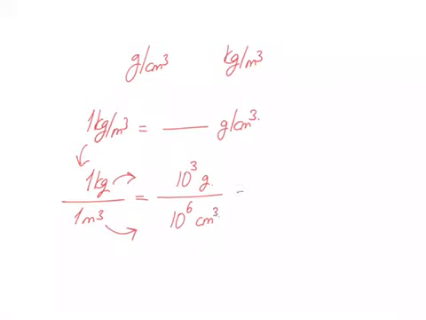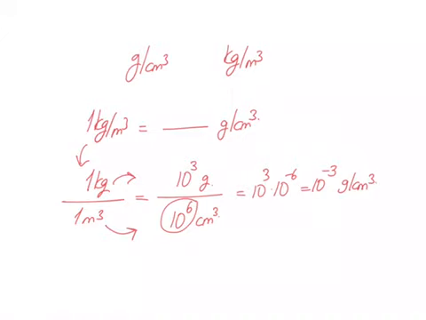So here I have the 10 to the power minus 6 come to the upper side as 10 to the minus 6. So it is equal to 10 to the minus 3 gram per centimeter cube.